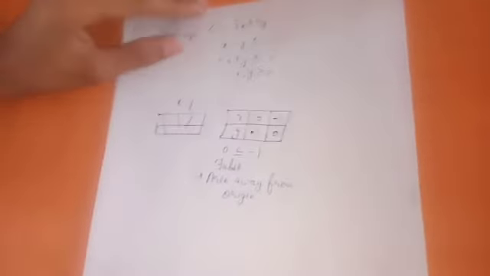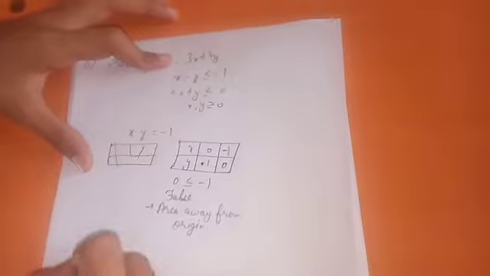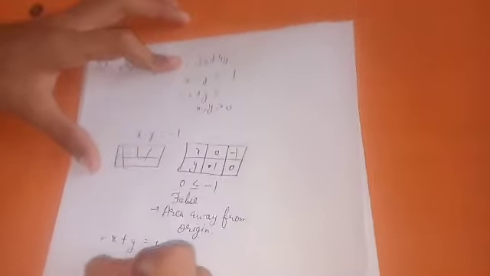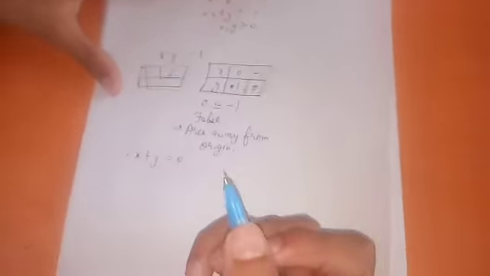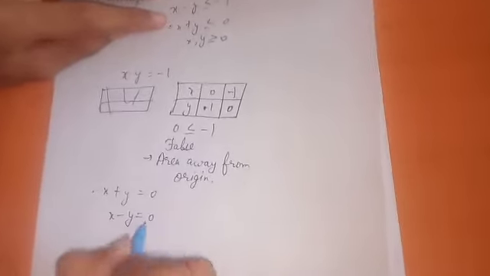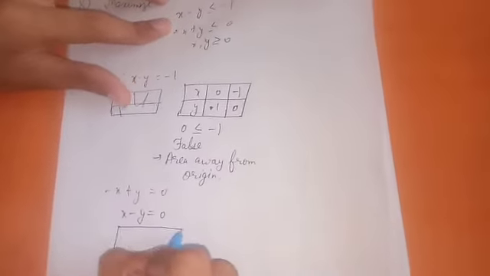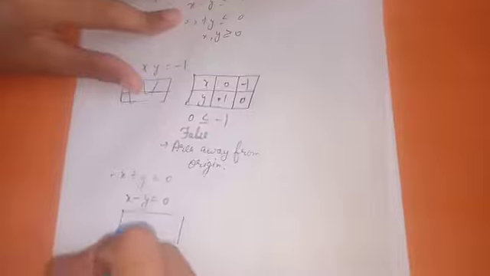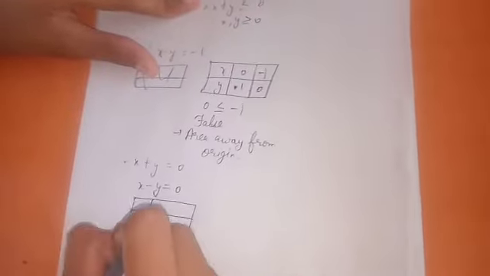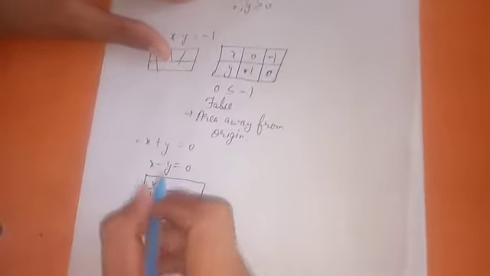Okay, now we will take another one. Only two are given there. Another is minus x plus y is equal to 0. Or we can say, taking minus sign common, we will get x minus y is equal to 0. That means the same. So we will take the value of x and y.